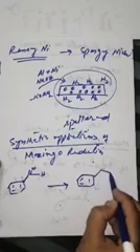For example, if you have this aldehyde, benzaldehyde, and someone asks you to convert this aldehyde into this compound. Now how will you convert the benzaldehyde into butyl benzene? How will you convert?